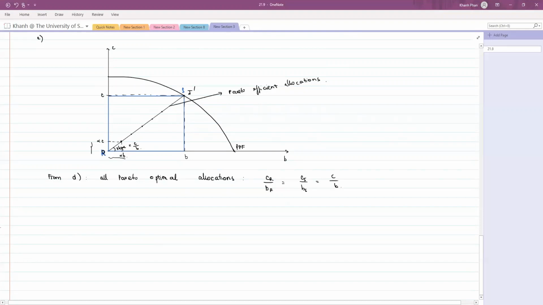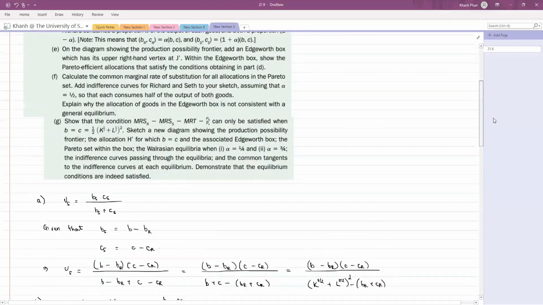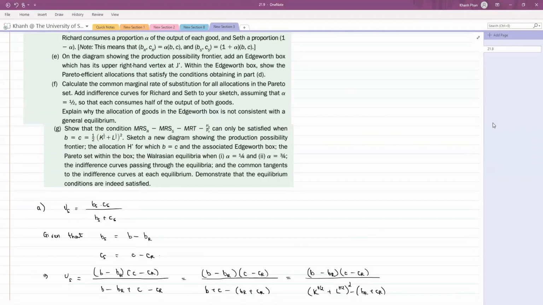All right, so part F is asking you to show, to calculate a common marginal rate of substitution for all the allocations in the Pareto set, and asking you to draw an indifference curve for each of Richard and Seth, assuming that alpha equals a half.